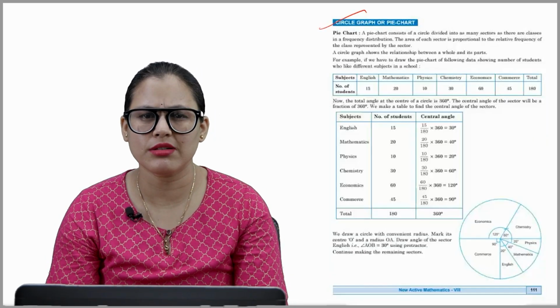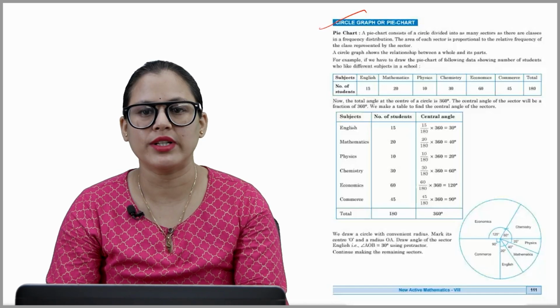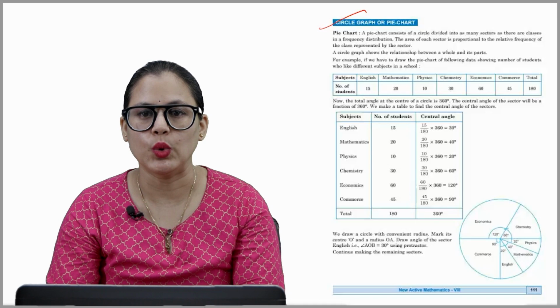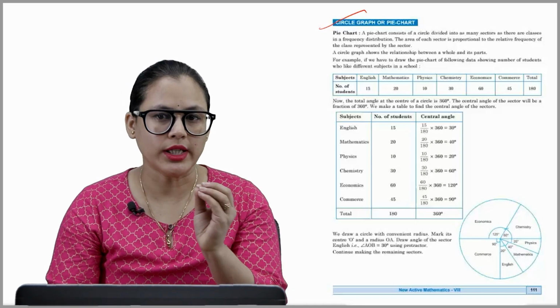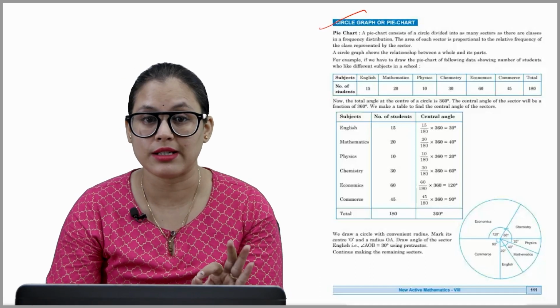A pie chart is divided into sectors. The graph shows the relationship between a whole and its parts, such as subjects. Now, the central angle of the whole is 360 degrees.